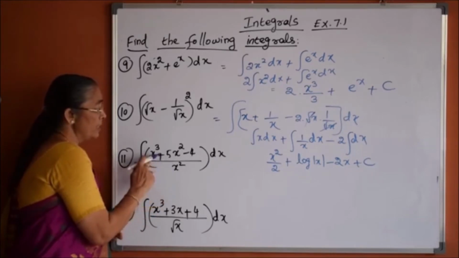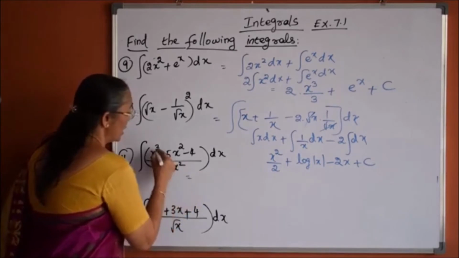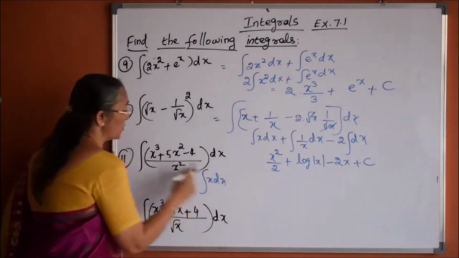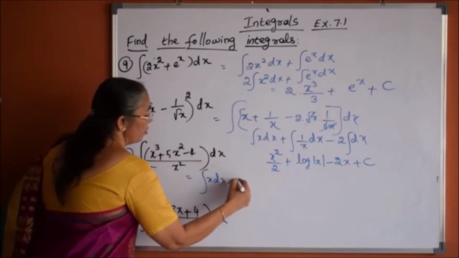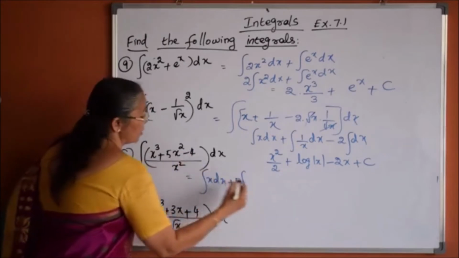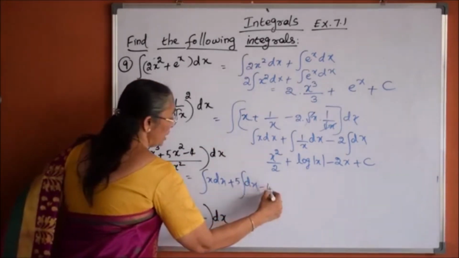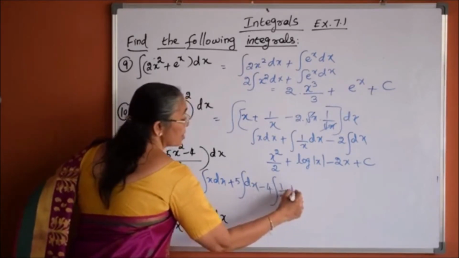Let me divide each term by x square. So we will get x cube by x square as x dx. I am splitting also: 5x square by x square, the x squares get cancelled, so plus 5 dx, minus 4 times of integration of 1 by x square dx.